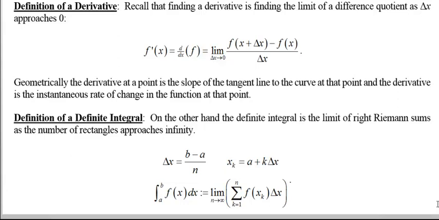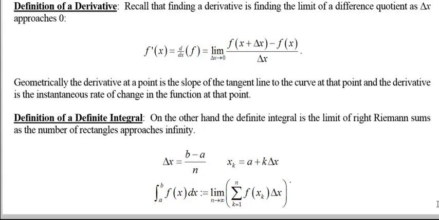In this class we do a limit of right Riemann sums. We first of all divide the interval up into n subintervals, all of width delta x, which is b minus a over n, so that they're all equal width. We let x sub k be a plus k delta x, which puts x sub k at the right of the kth interval.